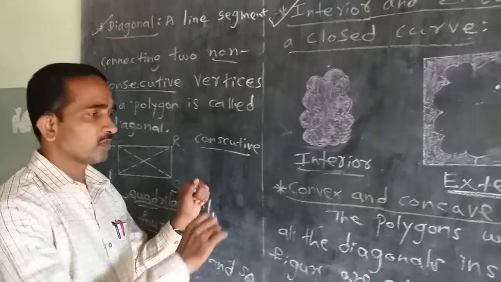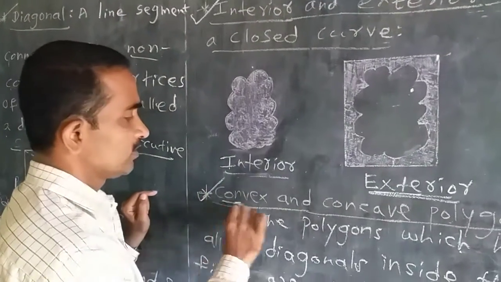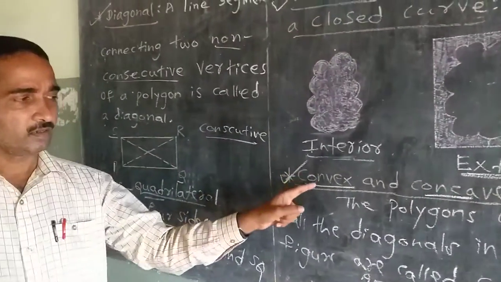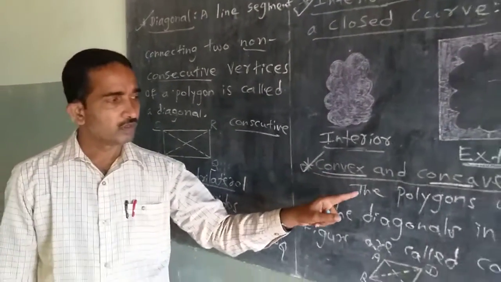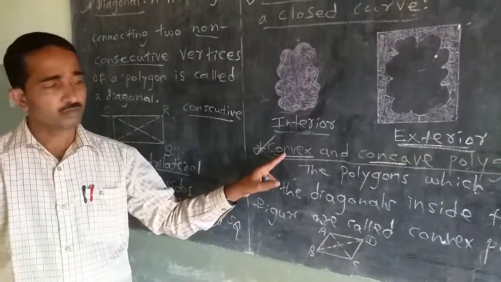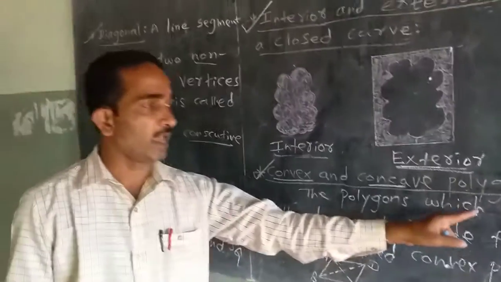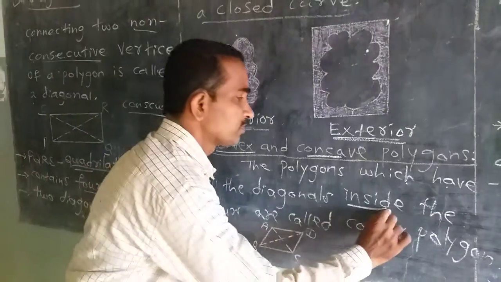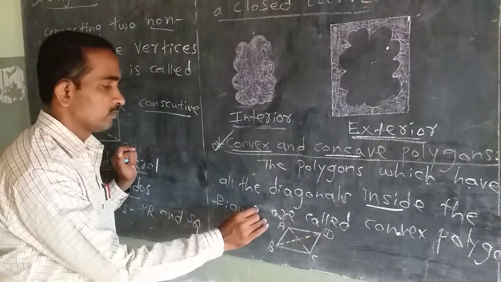Next one, convex and concave polygons. The first one, convex polygon: the polygons which have all the diagonals inside the figure.